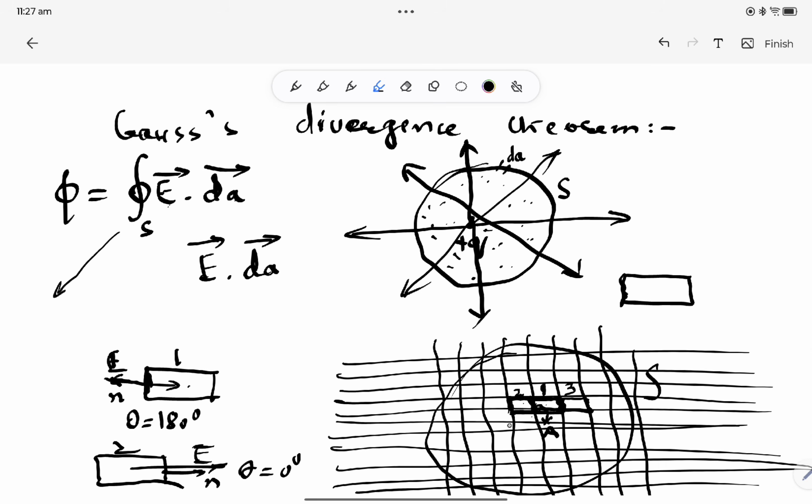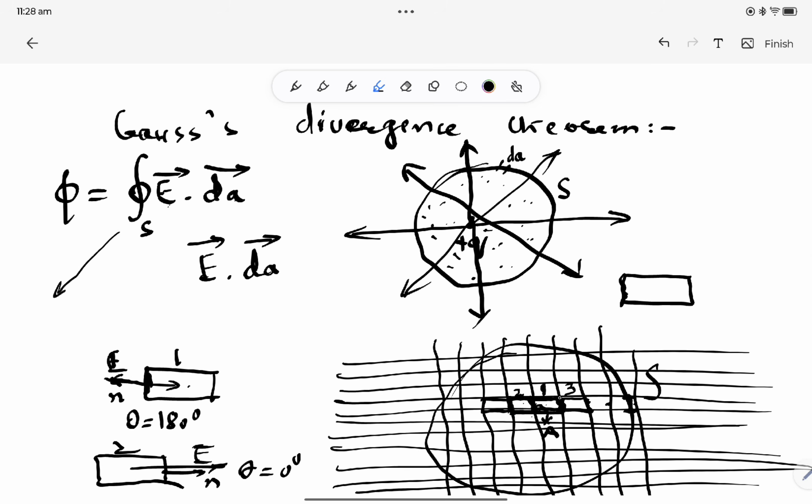When finally we add up fluxes through these 3 cubes, this also cancels out. Similarly, this will cancel out. Until you reach the surface, this will remain. There will be no other cube that can cancel flux through this. We will be left with flux through this.